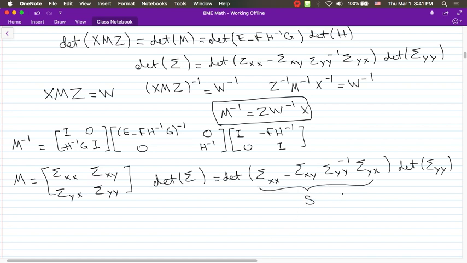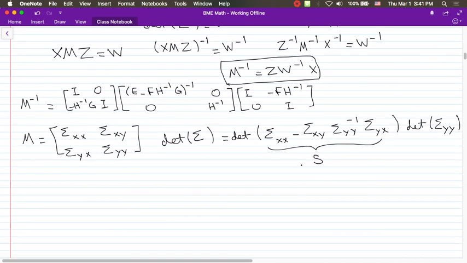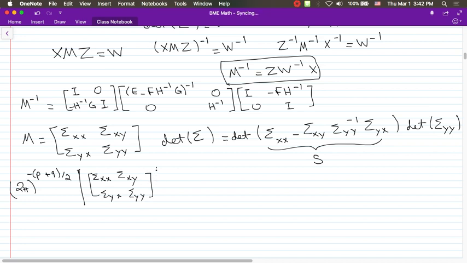Okay, so this term here, for simplicity, since we're going to be using it a lot, let me call this matrix S. And now I can write the terms that are going to appear on the left-hand side of our normal distribution. So we're going to have 2 pi to the minus (p plus q) divided by 2, times the determinant of this variance-covariance matrix, raised to the power of 1/2.